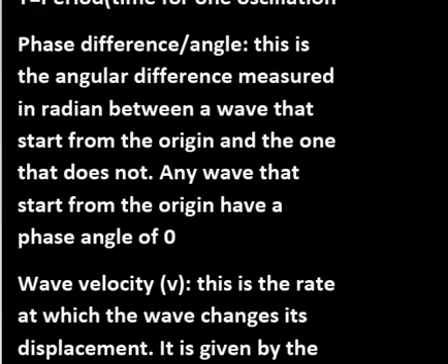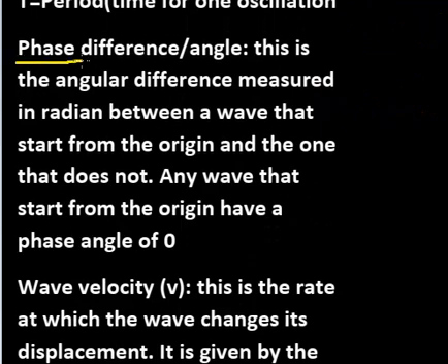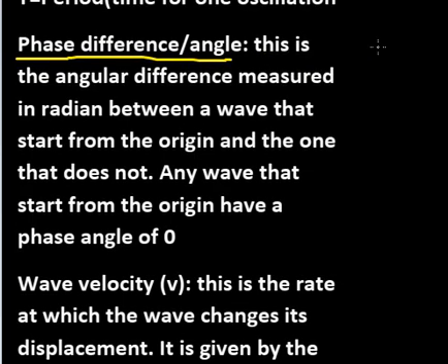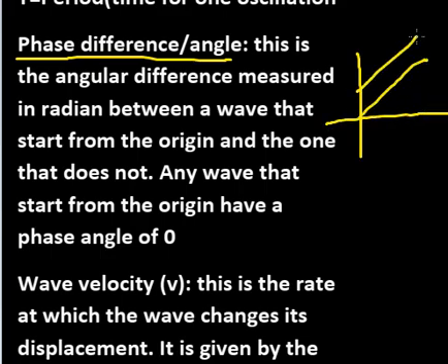Now we are going to talk about another important concept known as the phase difference or the phase angle of a wave. You know very well that a wave can be illustrated using a graph, which I'm very sure you must have drawn. Some graphs you draw can start from the origin, some may not start from the origin.